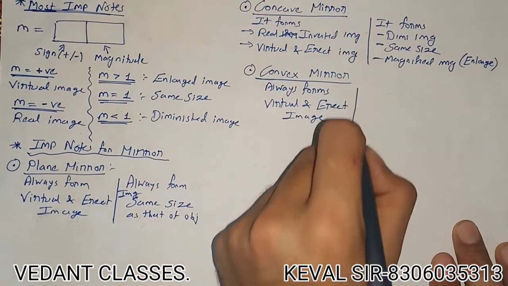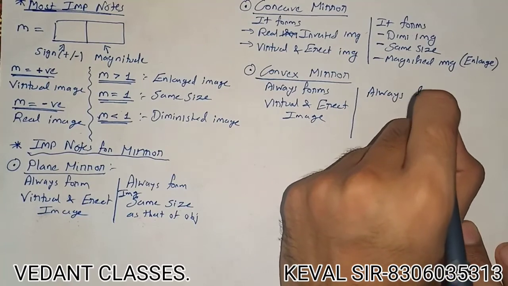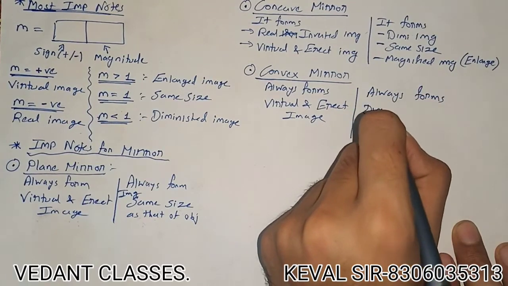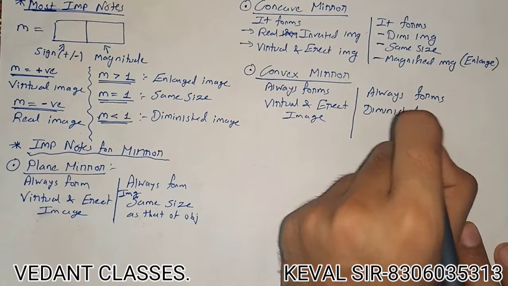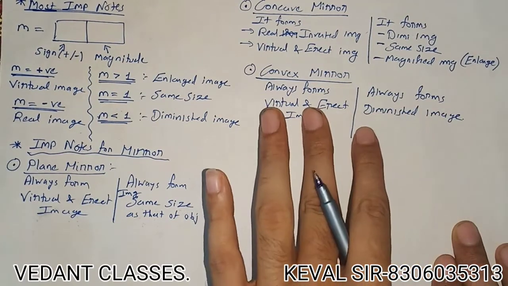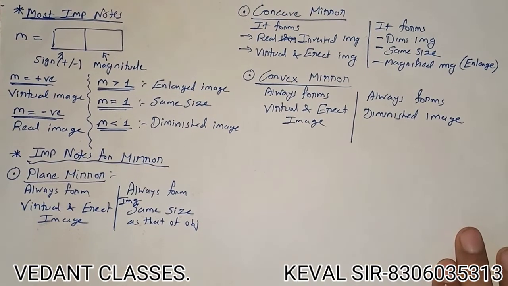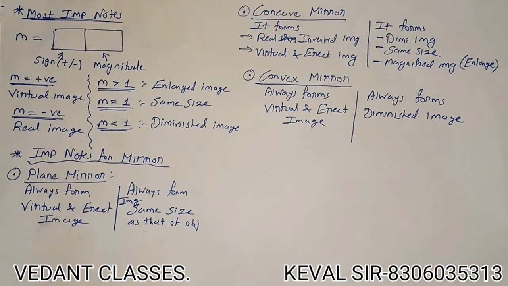Also, it always forms diminished image. So these 2 points we have already noted while showing the image formation for the convex mirror. So these are very important points one should remember to clear all the short questions, and it will also help you to solve the numericals. So take a screenshot for this one.